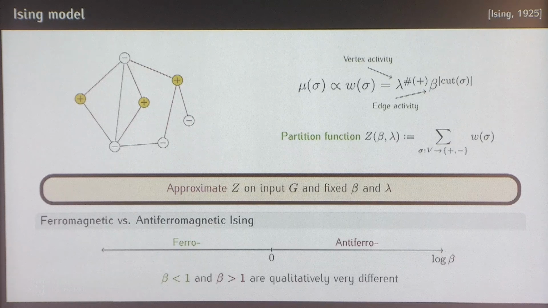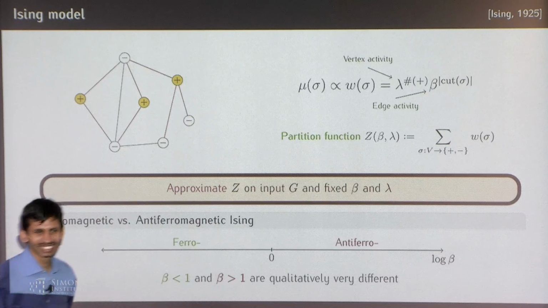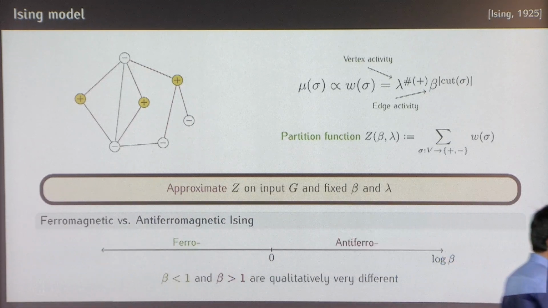Oh, very bad choice. Yes, sorry. So whenever I'm talking about real beta, it will always be positive, at least most of the time, and in the usual parameterization it corresponds to e to the power 2J.